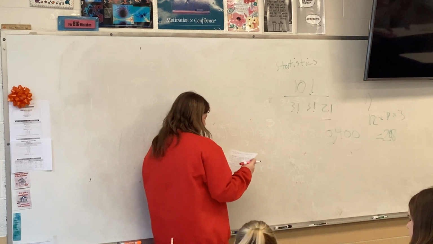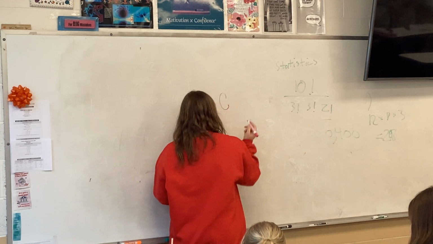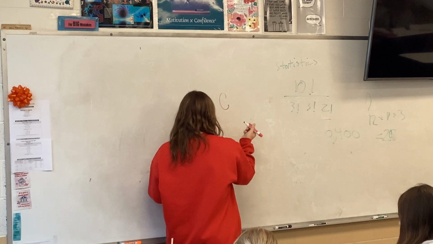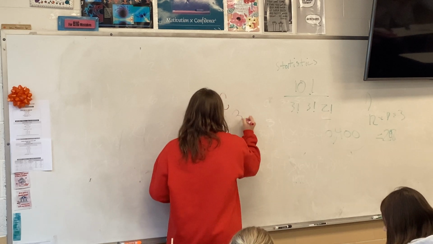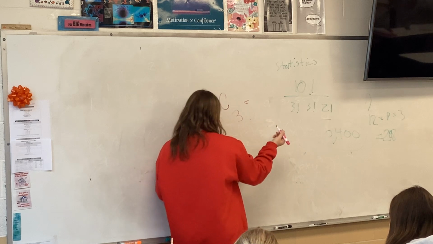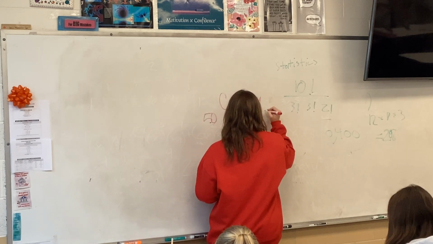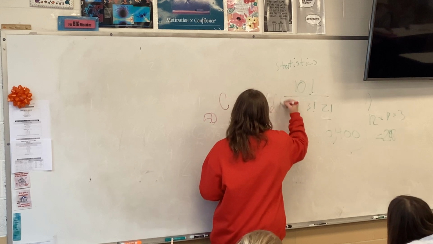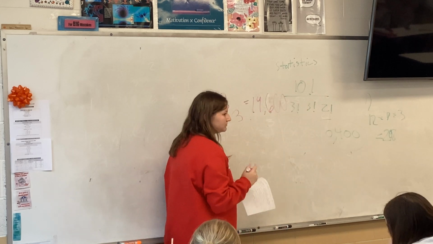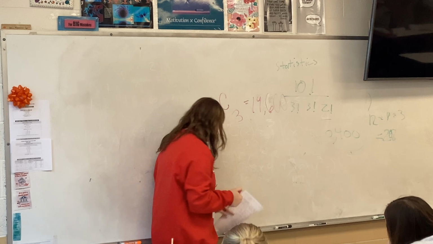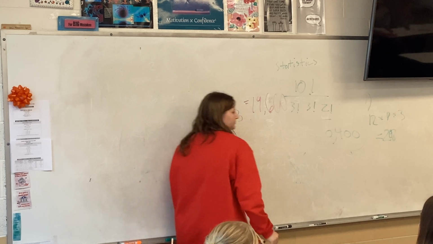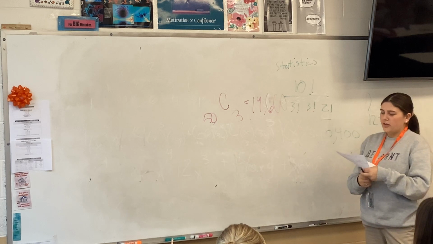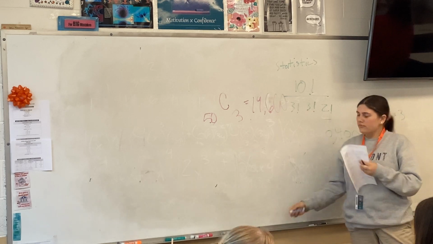Since it's not specific, it's C instead of P, and then 50 people, and there's 3 committees, and if you put it into your calculator, you get 19,600.